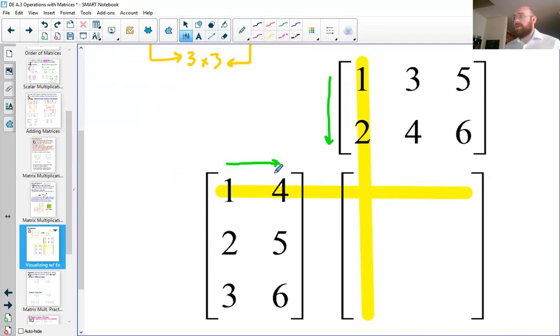Let me change back to the pen. So we have 1 times 1 plus 4 times 2. So that's 1 and 8. So we have 9.